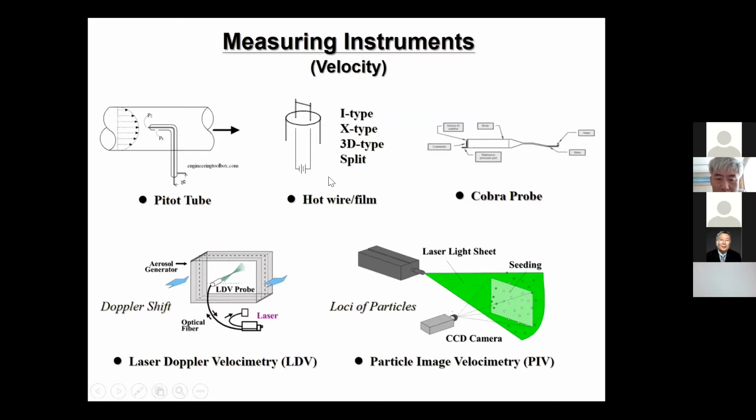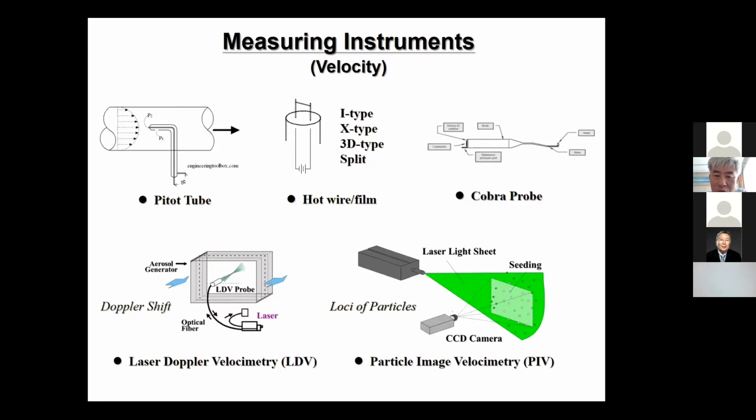People also use hot wire or hot film to measure the velocity. If we have an I type, we have only one component. If we know the dominant flow direction, we can measure the U component. If we use an X type, we can measure two velocity components, of course if we know the dominant flow direction.